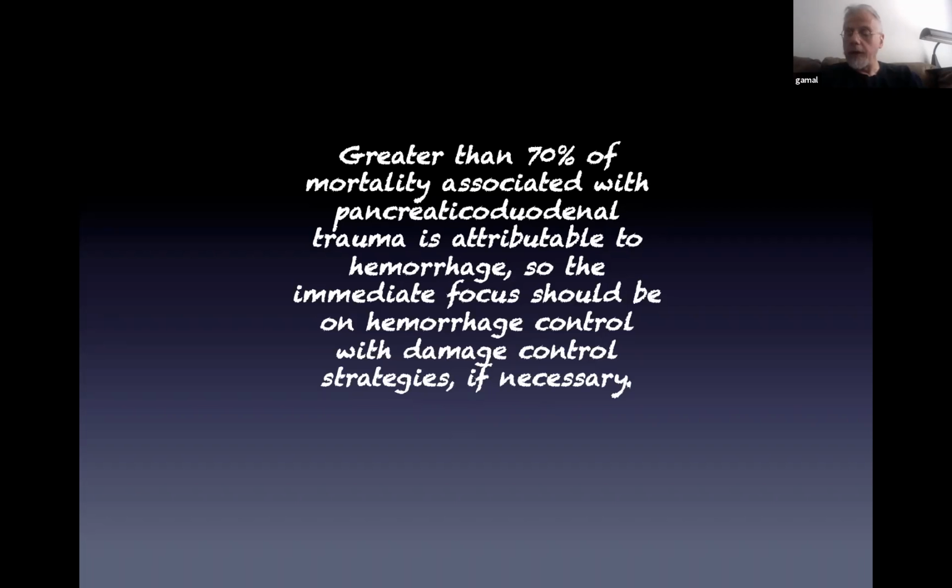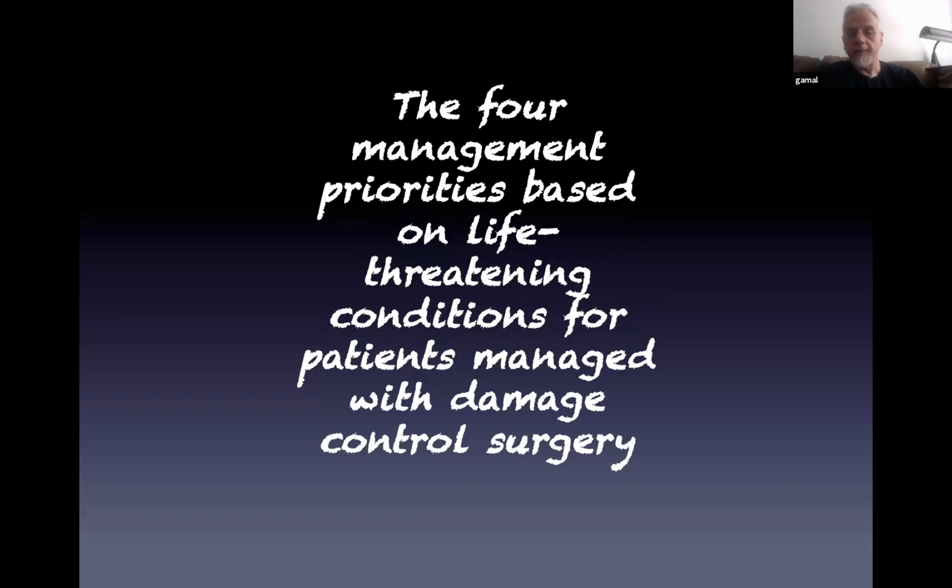So we're not surprised that the majority of mortality in these cases is due to associated vascular injury and hemorrhage, right? So always remember that control of hemorrhage is really important. As in any other area in trauma where we have priorities, damage control applies here, the same thing. When you get this kind of injury, always remember that.